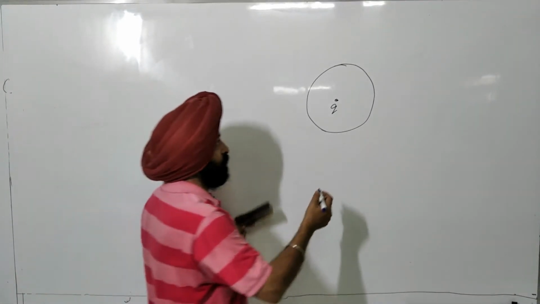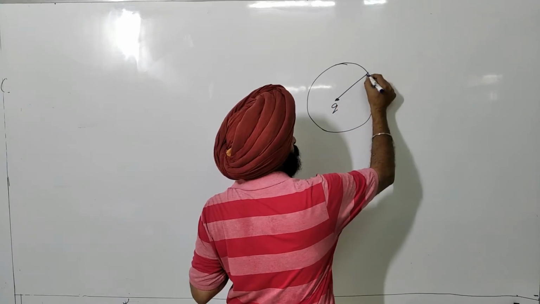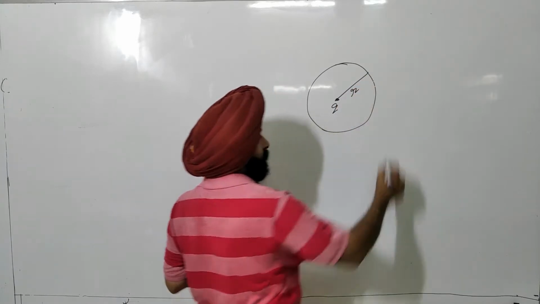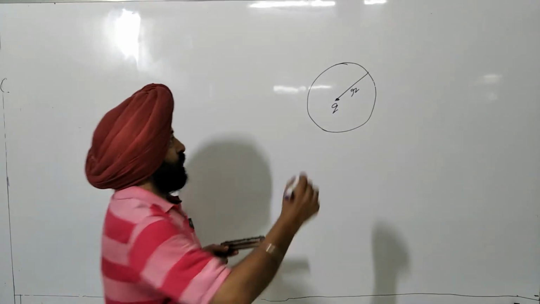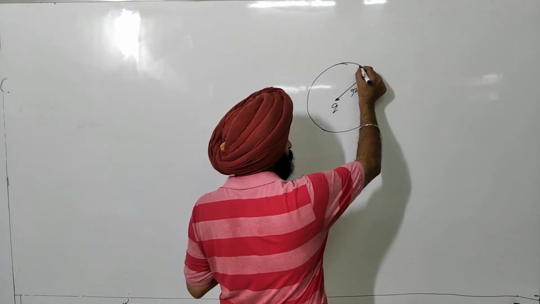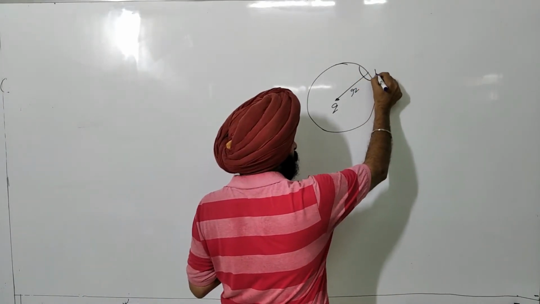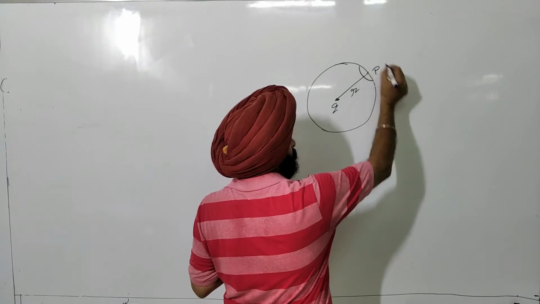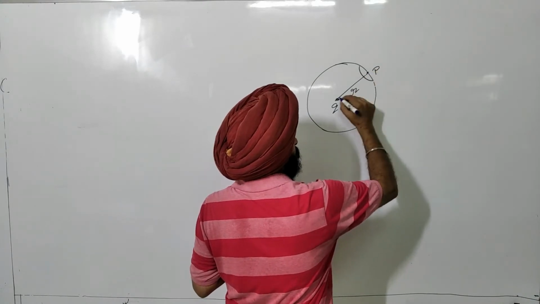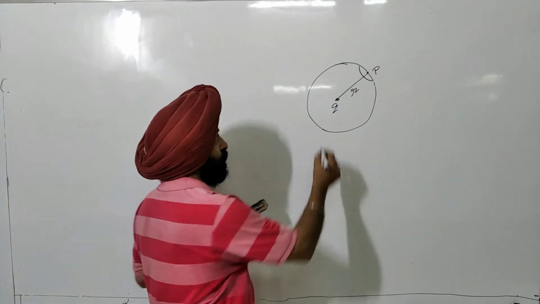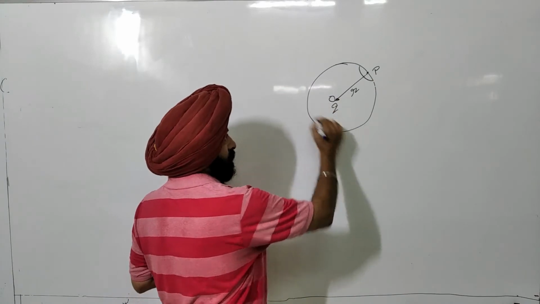This is a sphere of radius r. We take a small area element at P, at a distance r from the center of the sphere.